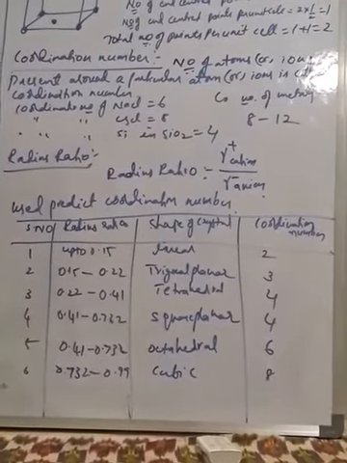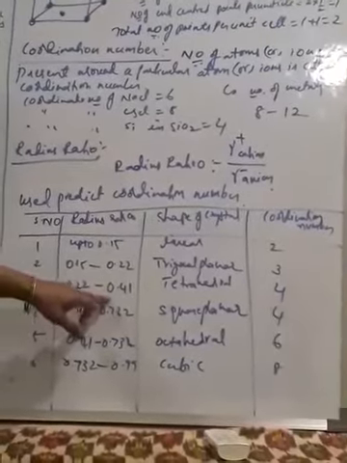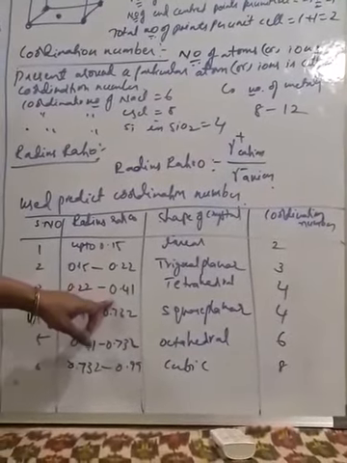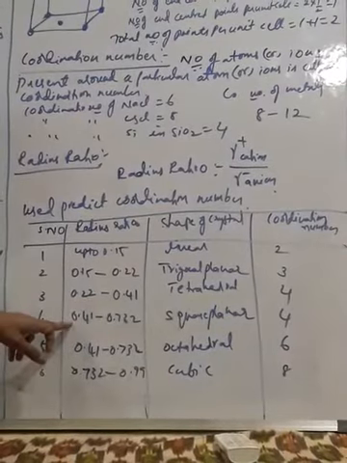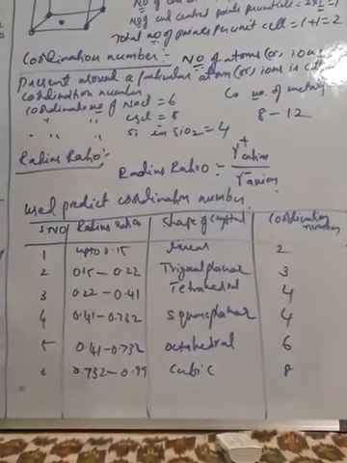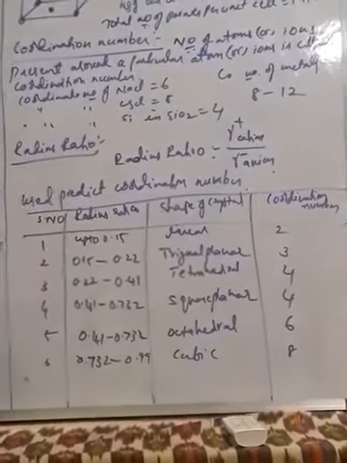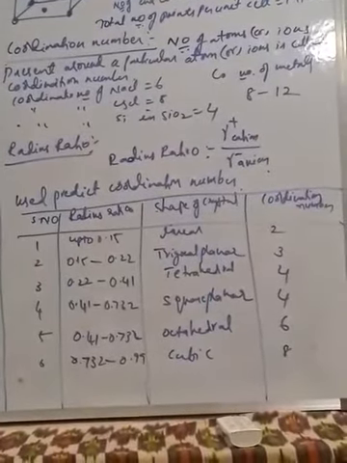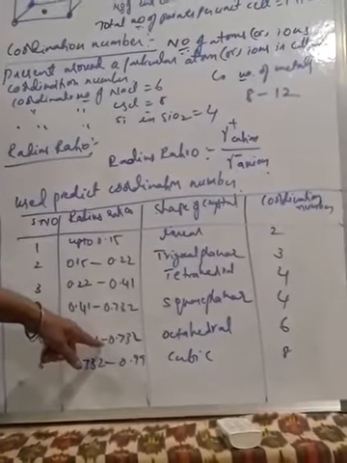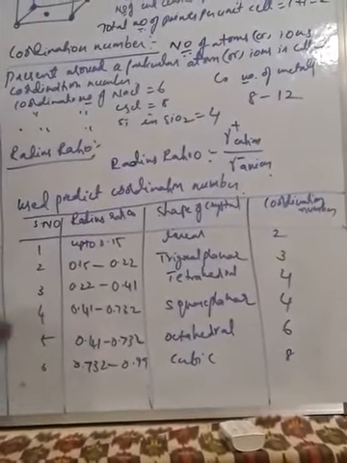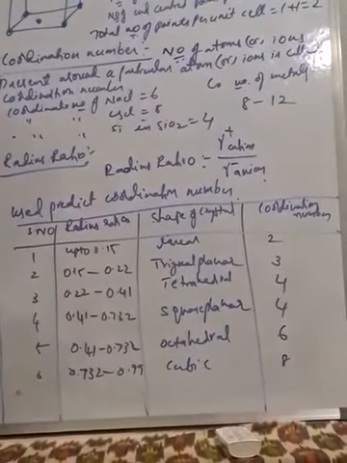If it lies between 0.22 to 0.41, the shape is tetrahedral and the coordination number is 4. If it is 0.41 to 0.732, the shape is square planar and the coordination number is 4. Then if it is 0.41 to 0.732, the shape is octahedral and the coordination number is 6.